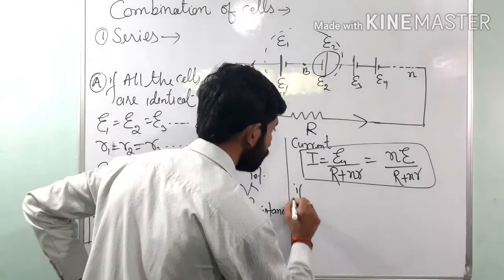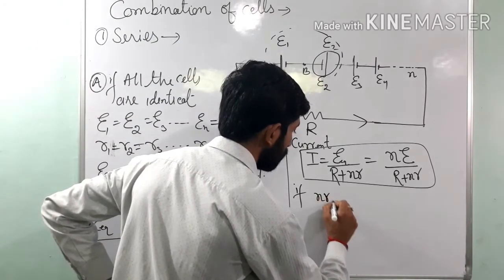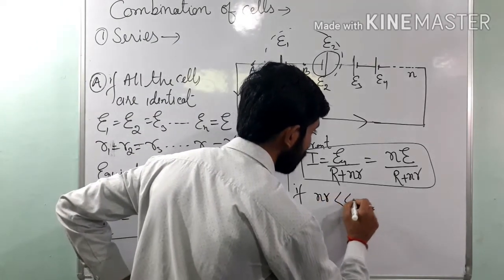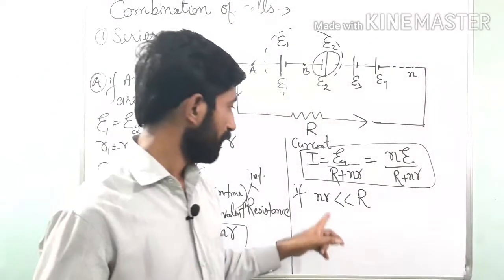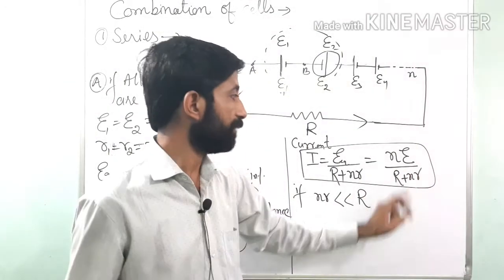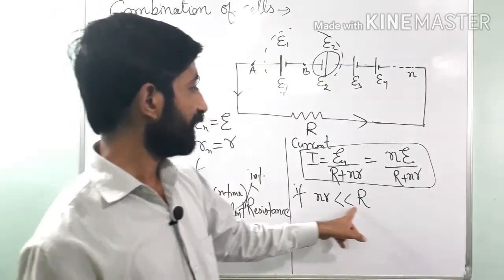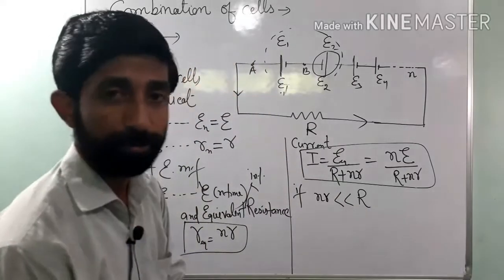Now if nr is much smaller than the external resistance R, mind this, the total equivalent internal resistance of the cell combination is much less than that of the external resistance, then what happens?